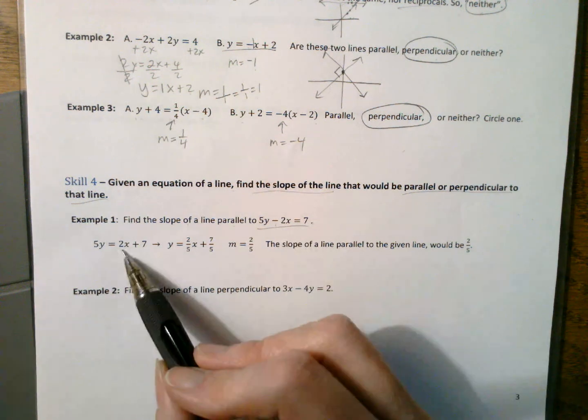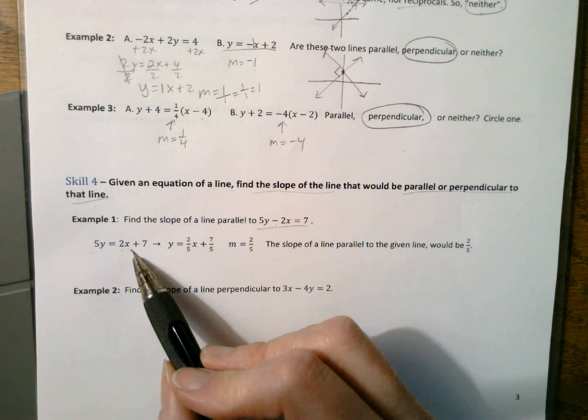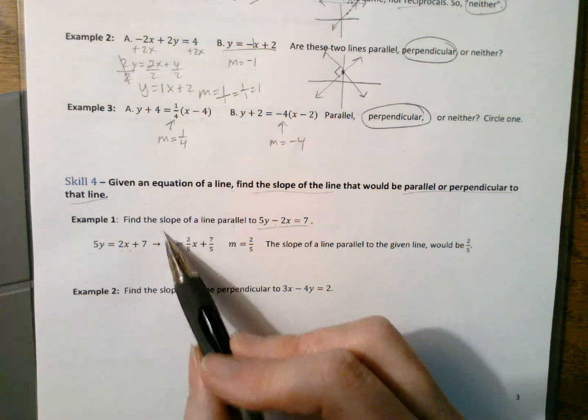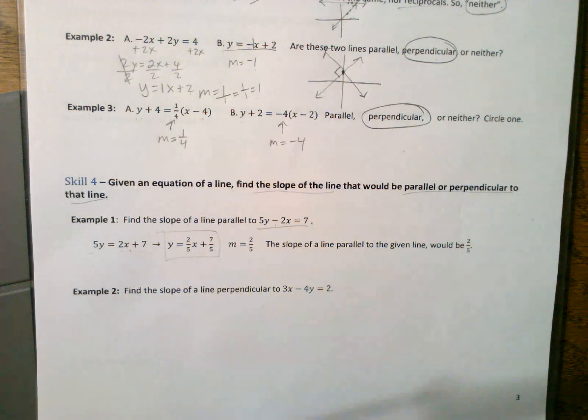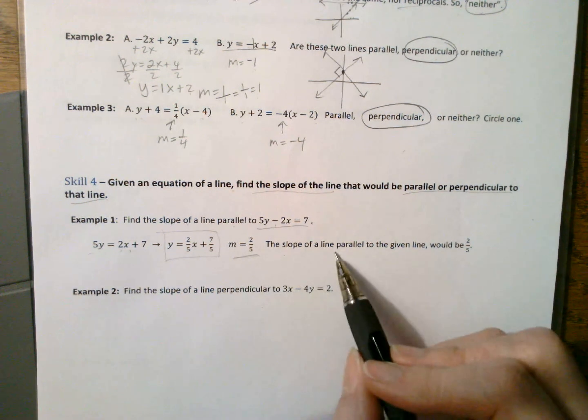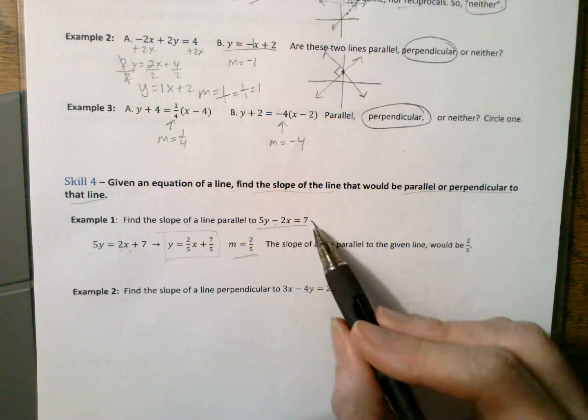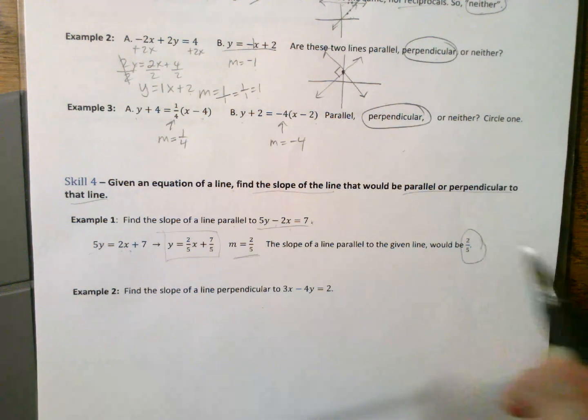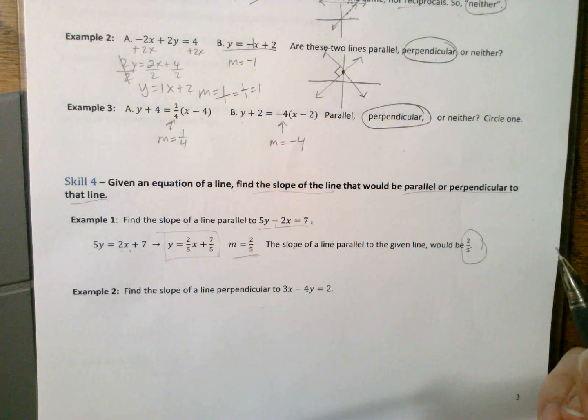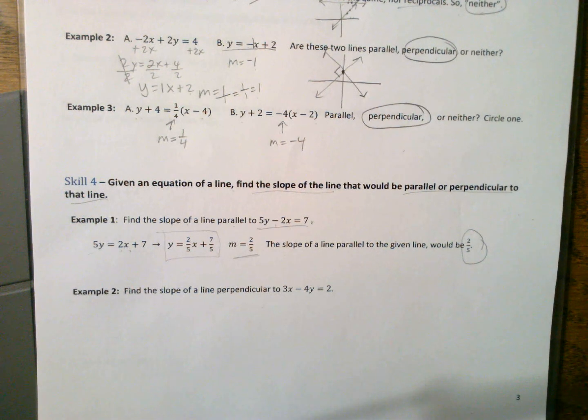So I'm going to move the x over, and then I'm going to divide by 5, and this is my equation of the line in slope-intercept form, which means this is my slope. So the slope of a line that would be parallel to this given line would be the same. So my answer is 2/5.